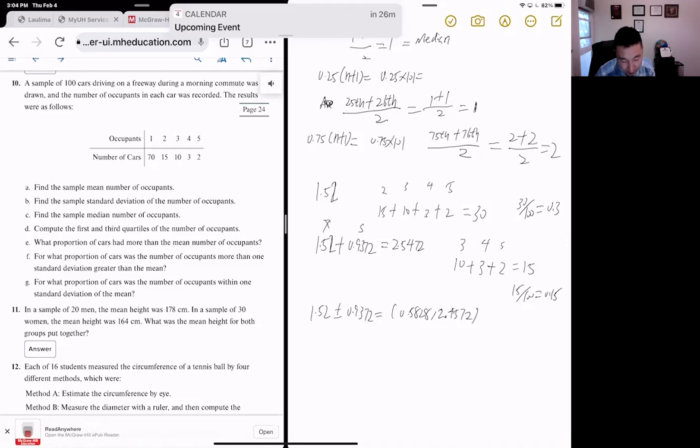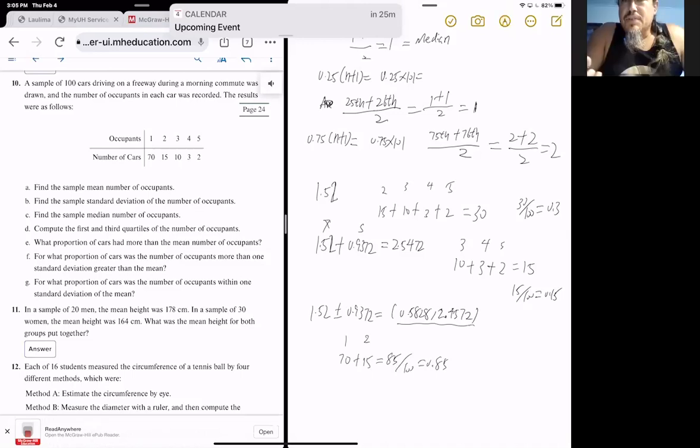Of these 100 cars, 70 have 1 occupant and 15 have 2 occupants. So 1 and 2 are within this range. That's 70 plus 15, 85 cars, divided by 100. The proportion is 0.85.